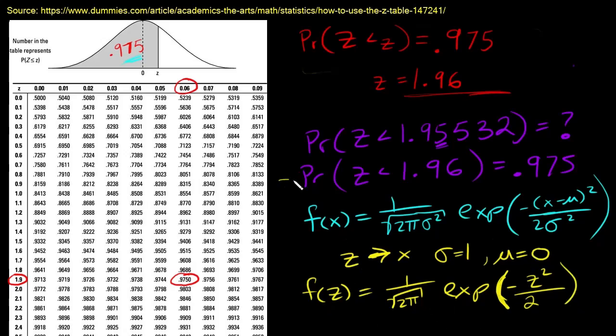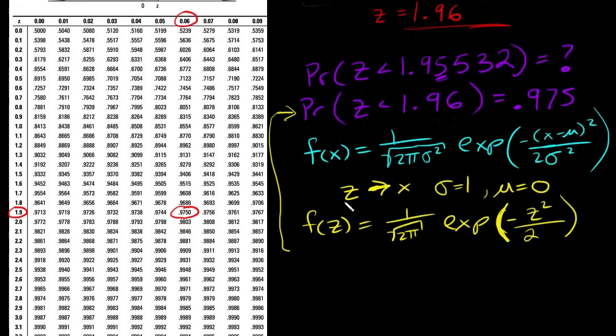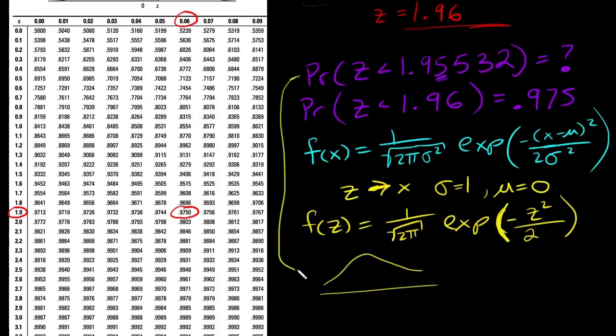Okay? So, for example, if I want to solve this one, let's go down here. Basically, what I want to know is what is this area when the cutoff is 1.95532, right?